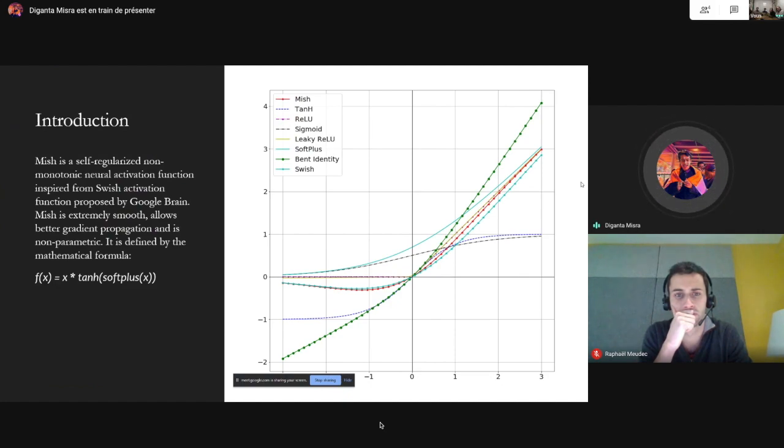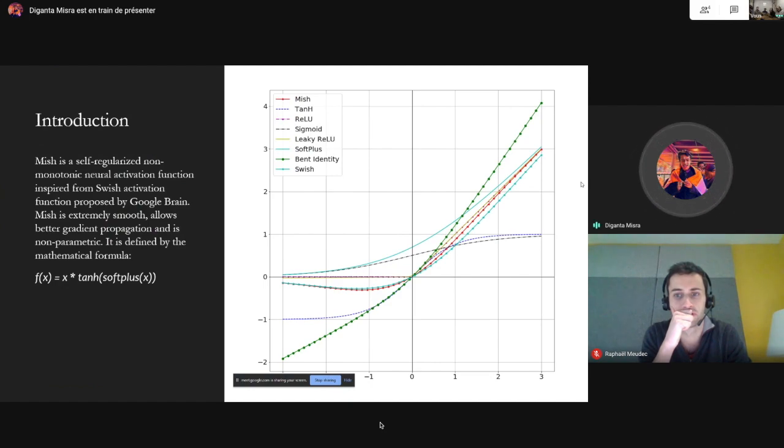One of the things that I observed was that people often talk about changing the activation function you are using and trying some other activation function out there which might be a better option for you rather than just using ReLU. One of the activation functions that I came across was by Google Brain, published in 2017 at ICML.